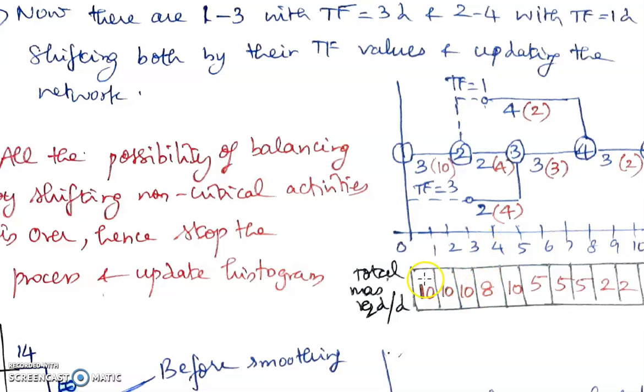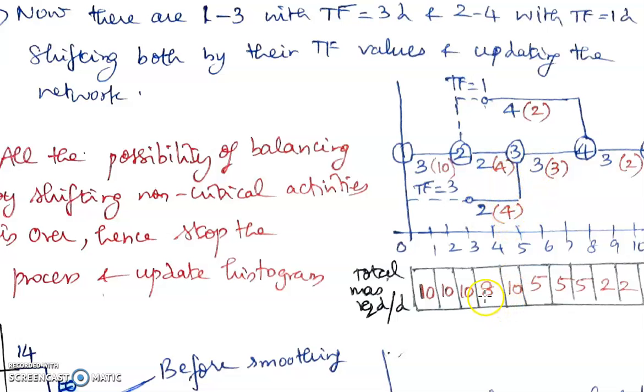Just like we have done earlier, we will move vertically and see what the demand is. For the first 3 days only activity 1-2 is being done because of the shifting, so the total demand is 10 men. On the fourth day we have activities 2-4 and 1-3 in parallel, so the demand is 4 plus 4, 8.